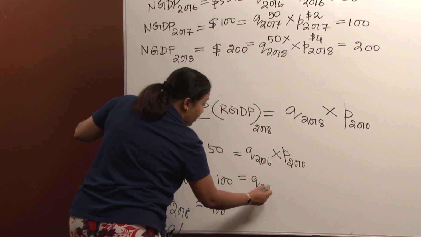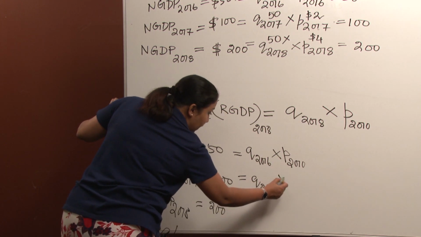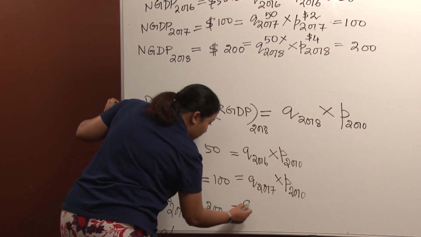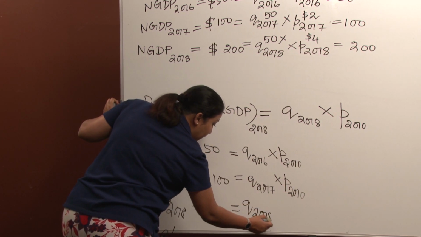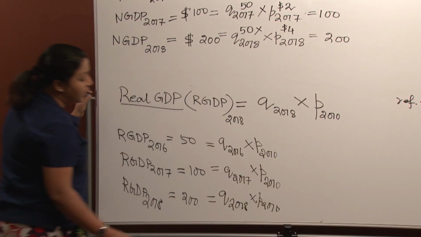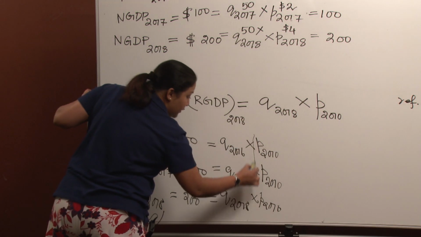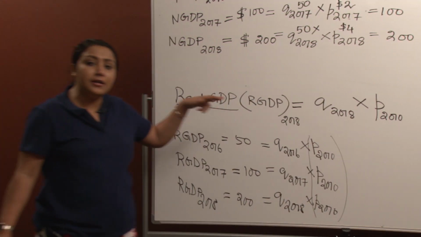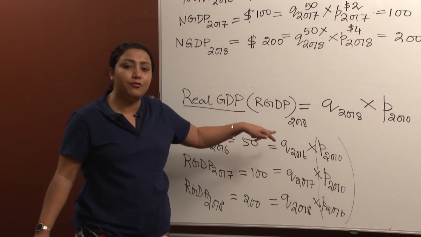We are taking the quantity of 2017 but once again multiplying it by the prices of the base year. We are taking the quantity of 2018 and multiplying it by the prices of the base year. So what have we done? We have basically insulated the economy against any price fluctuations, because every time we have taken the same reference price.